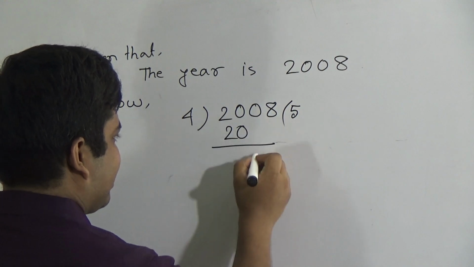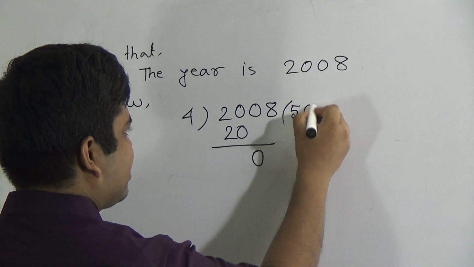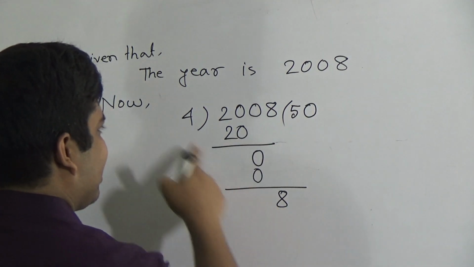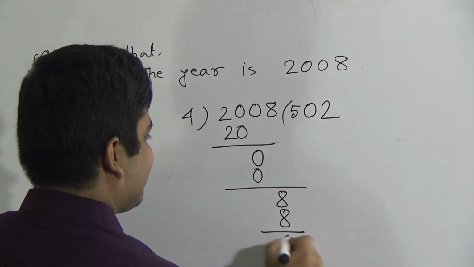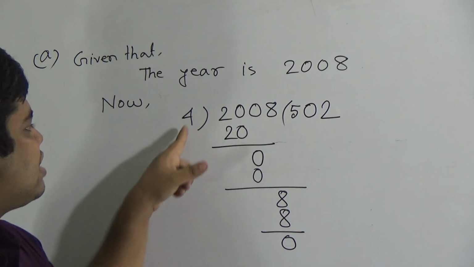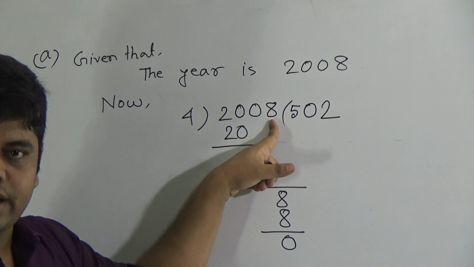Subtract, 0. Next 0 is placed here. In 0, 4 goes 0 times. The 4 zeros are 0. 8 is placed here. In 8, 4 goes 2 times. 4 2s are 8. That means 0. So my dear students, 2008 is divisible by 4. So we can say this 2008 is a leap year.